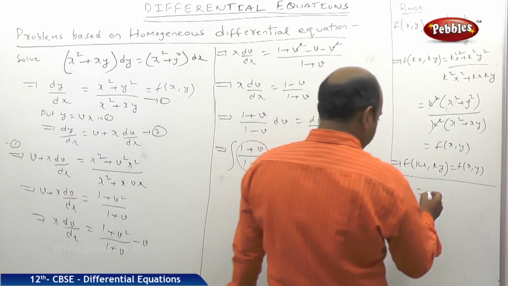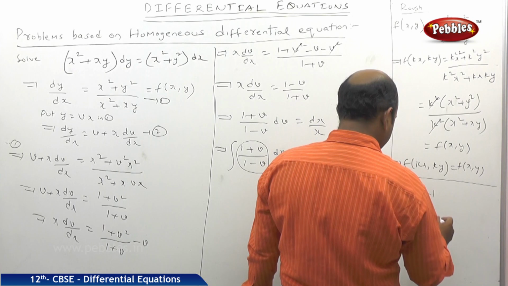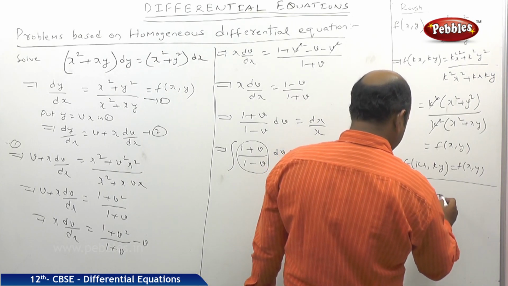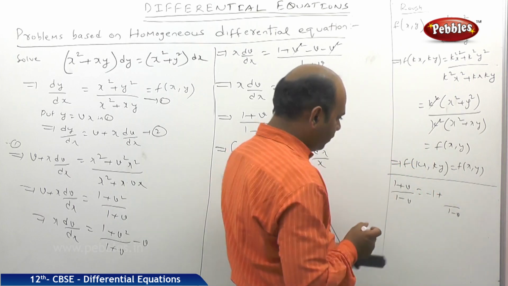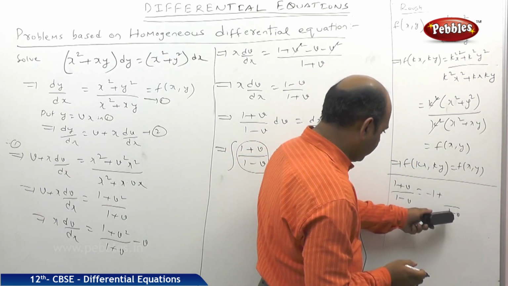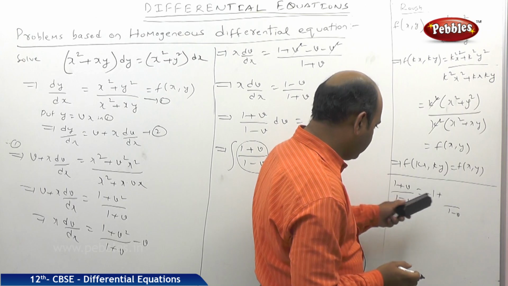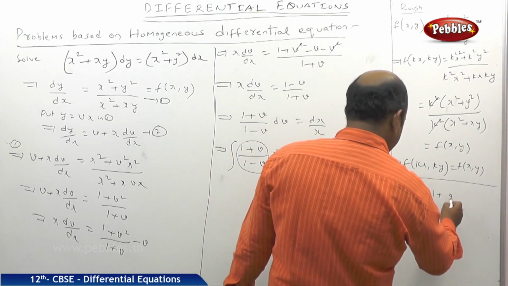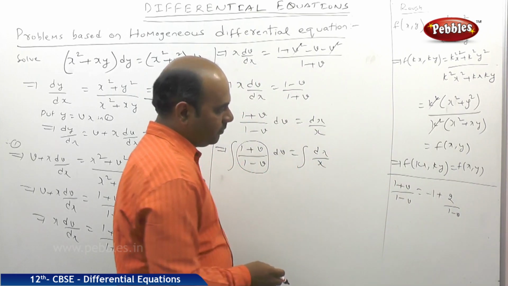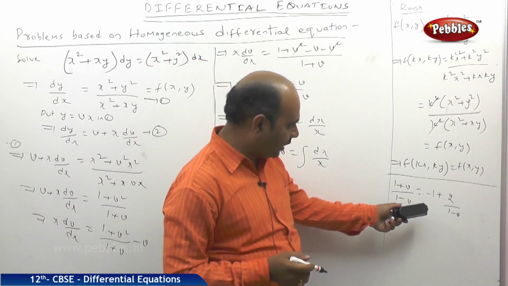Means minus 1 here, 1 minus v. If you could see here, minus 1 into minus 1 is minus 1, and minus 1 into v will be plus v. So here this can be 2. If you could observe carefully, I think this is right.